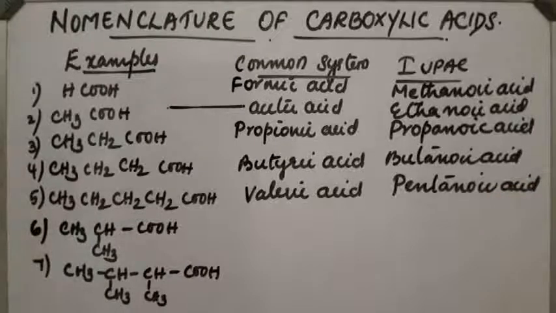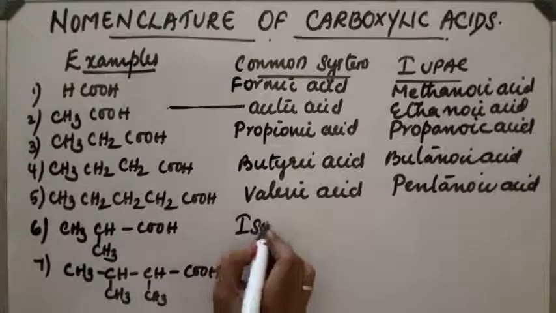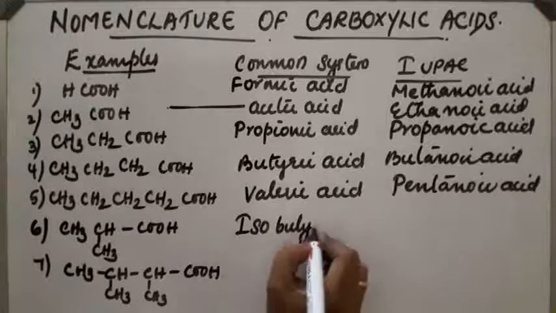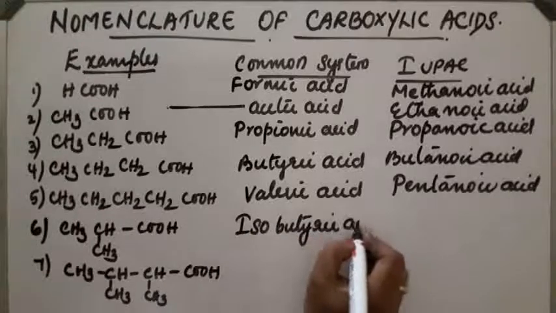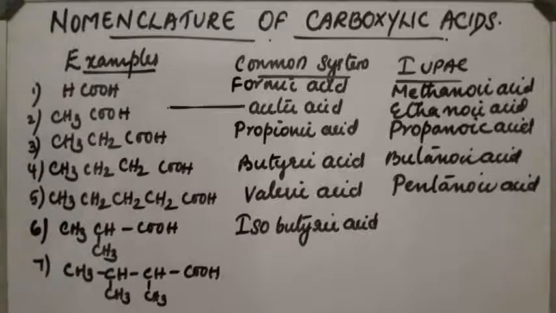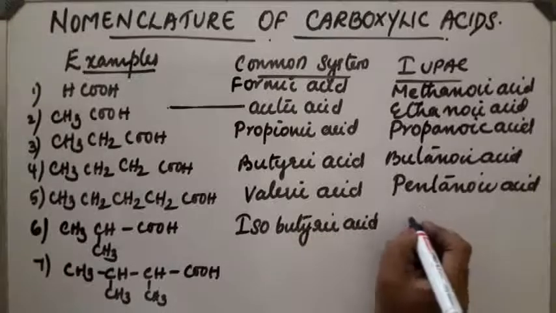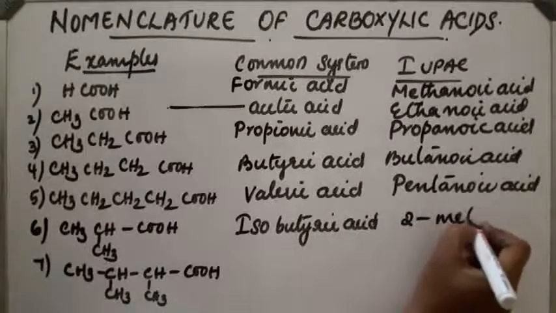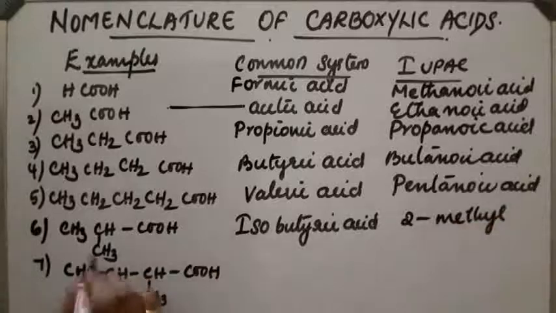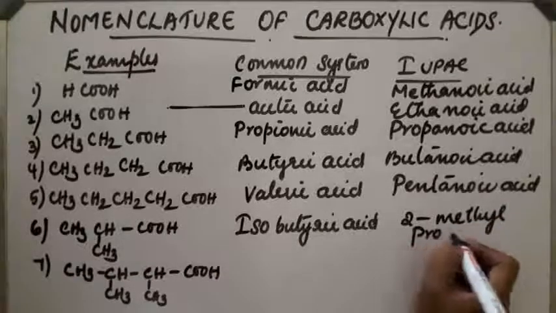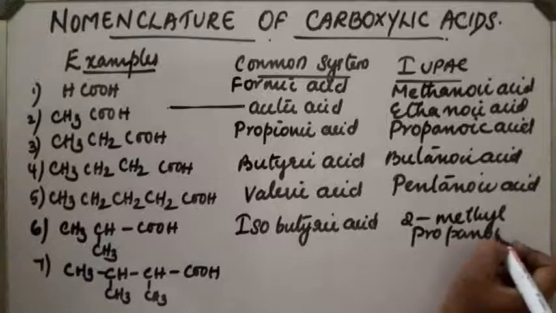Next compound, isobutyric acid. In the IUPAC system, it is 2-methyl propanoic acid: second position, methyl group, propanoic acid.